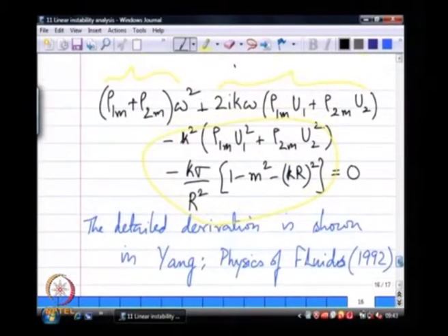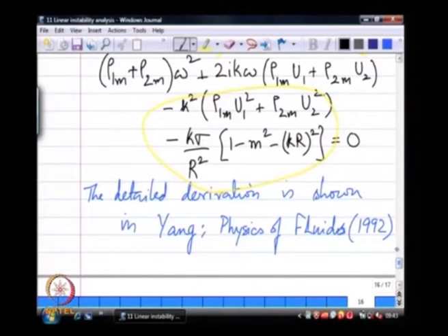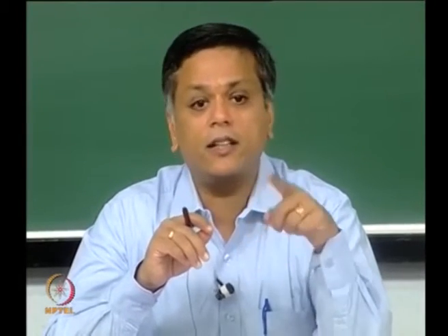So, if I go back and look at this, for a given k and m, this is a quadratic equation in omega, which means in general it has two complex roots. The one complex root that has the higher real part is the one that is going to dictate the growth of that particular imposed wave.